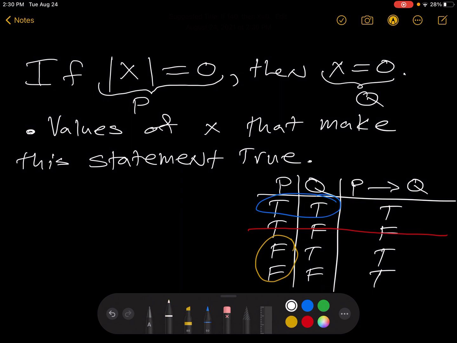So as an example of an x that makes this statement true, let's consider x equals 0. In this case, when x equals 0, P is the absolute value of 0 equals 0, which is true.